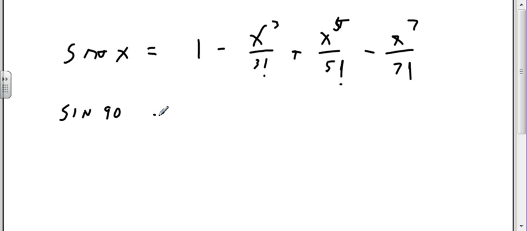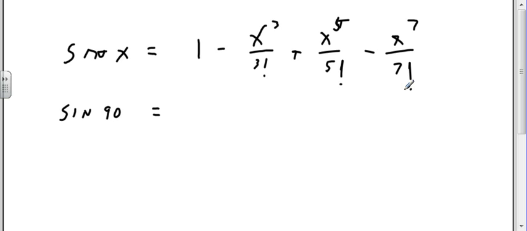So I go in there and I go 90 minus 90 cubed divided by 3 factorial plus 90 raised to the 5th divided by 5 factorial minus 90 raised to the 7th divided by 7 factorial.